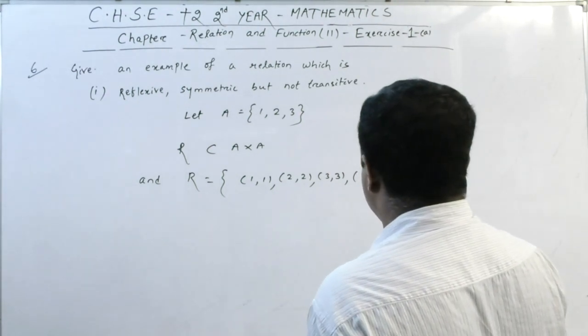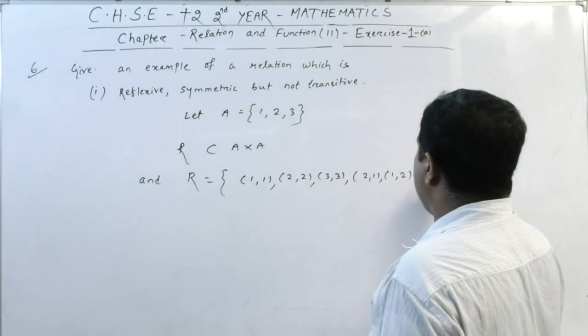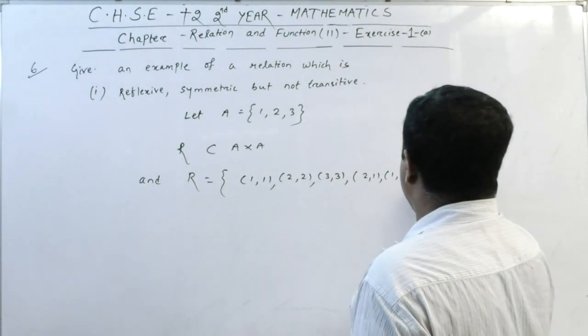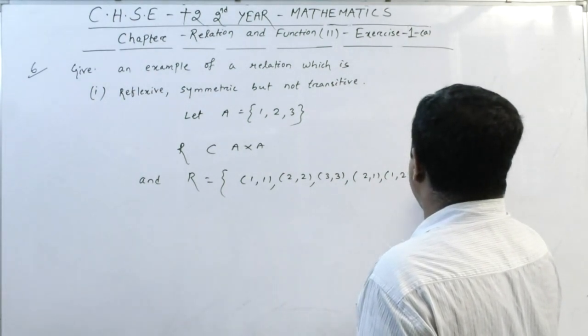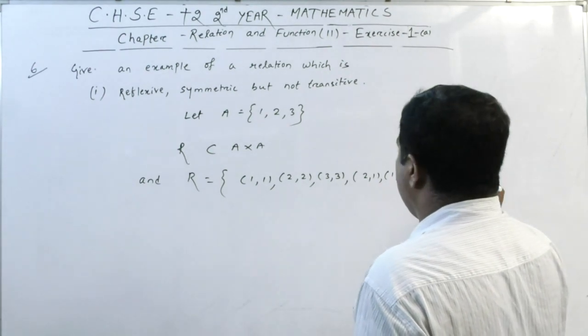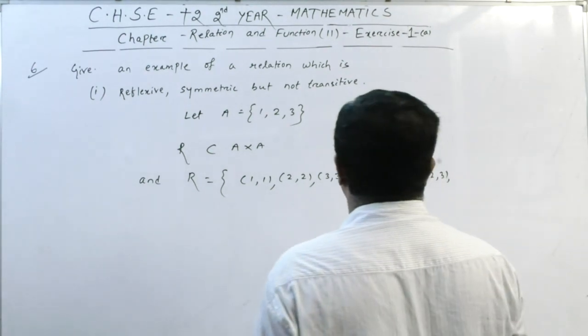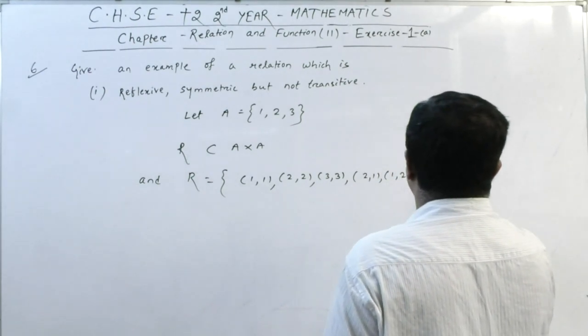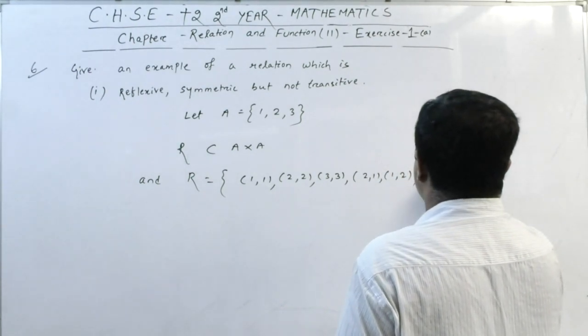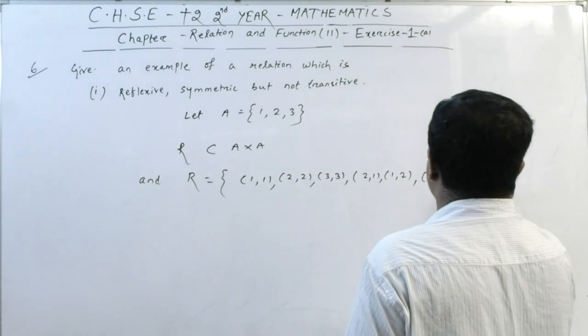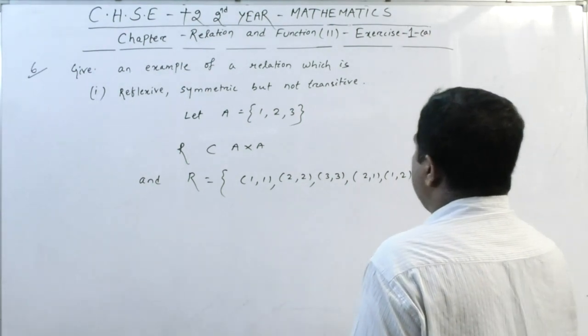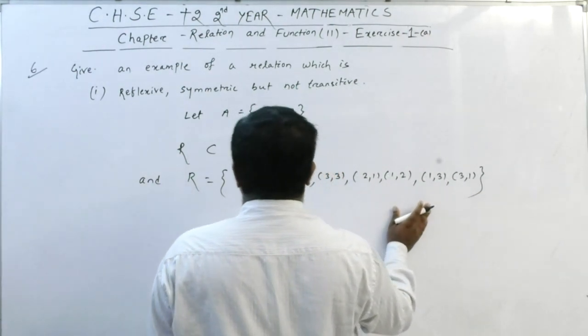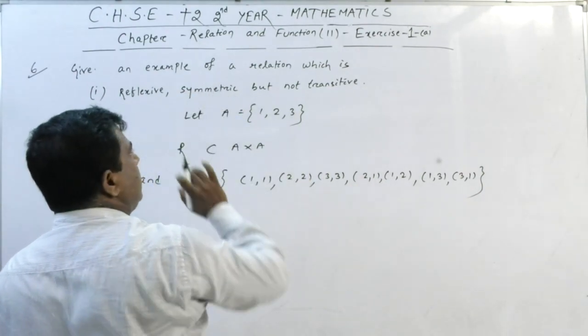It is symmetric in nature, yes or no? And we take (1,3) and (3,1). So you see, this is an example where the relation is reflexive, symmetric, but not transitive.